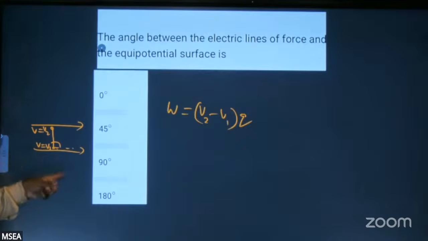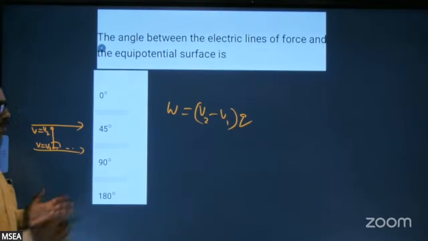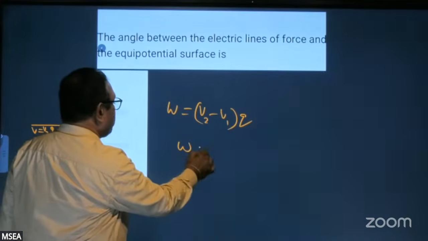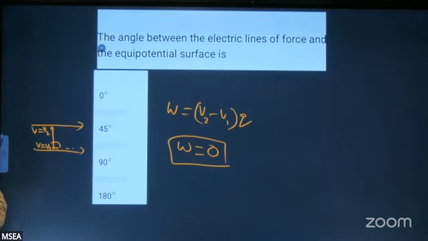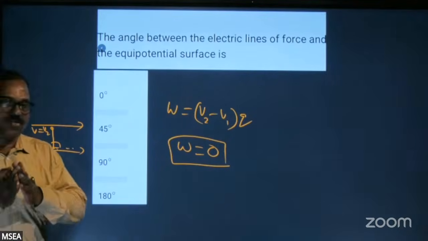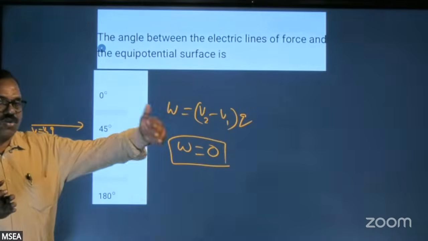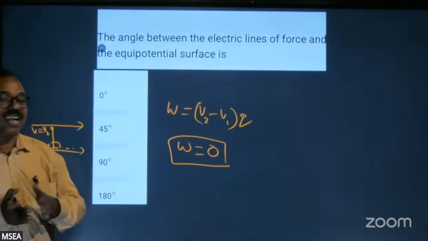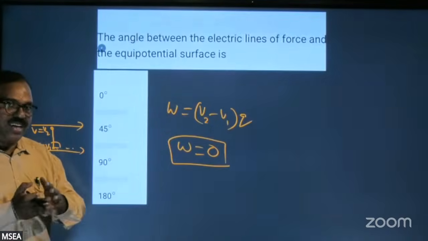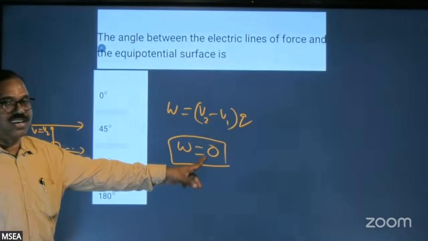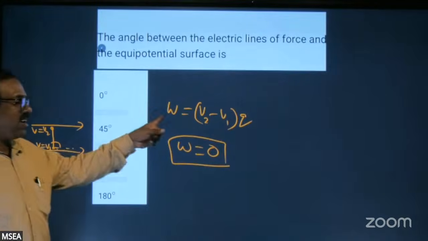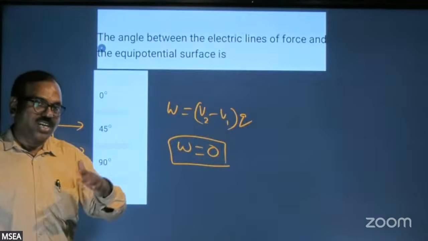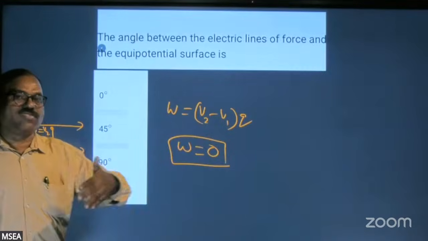As the potentials are the same on an equipotential surface, if any charged particle is moving from one point to the other, then work done becomes 0. Whenever you want to calculate the work done, just calculate the potentials of those 2 points and the charge that is moved.